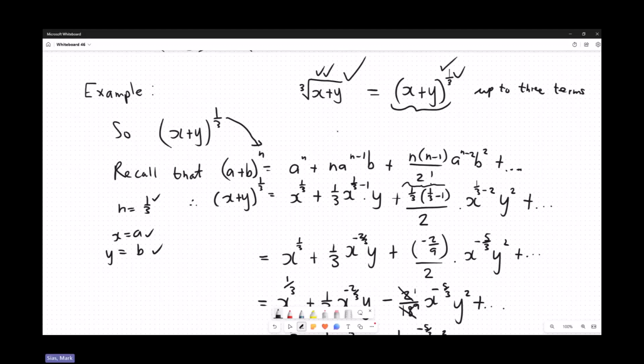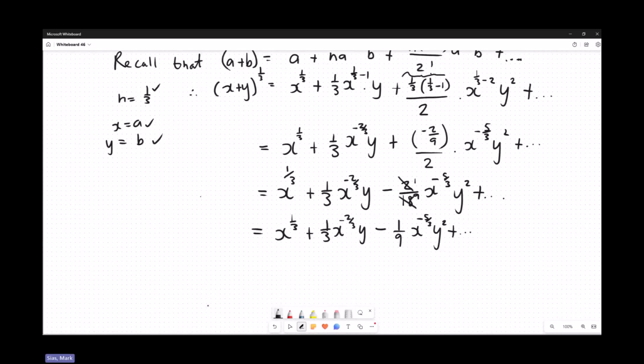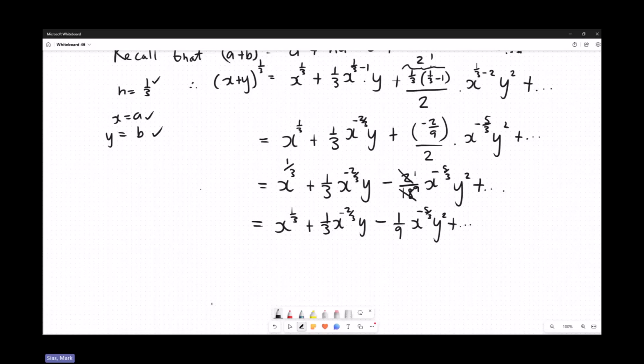We identified n as a third, x equates to a and y equates to b. And we could expand it up to 3 terms, bearing in mind that the number of terms that we have to add is infinite. So you can just double check that if you're happy with that.